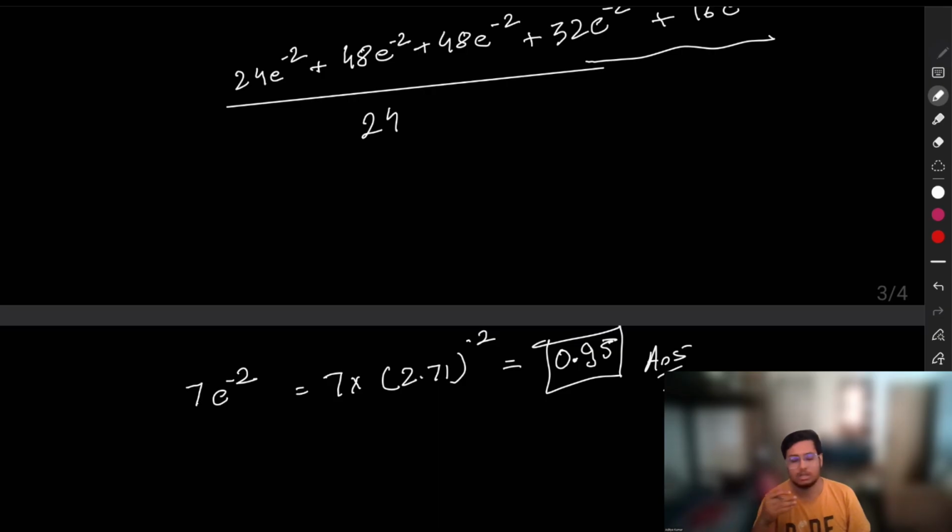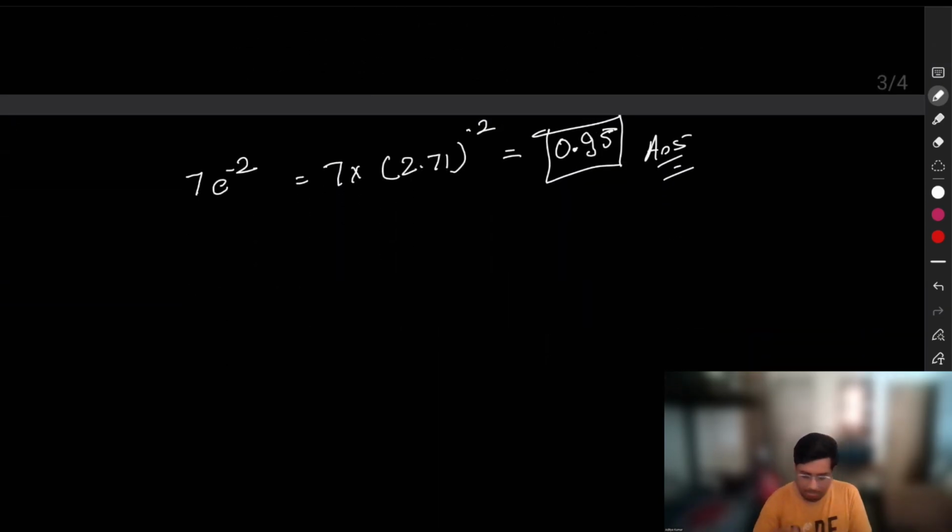Now let's discuss the mean and variance of Poisson distribution. In the previous lecture I covered the binomial theorem and I forgot to cover the mean and variance of binomial, so we are going to cover that also here. So what is the mean of binomial? It is equal to n multiplied by p.